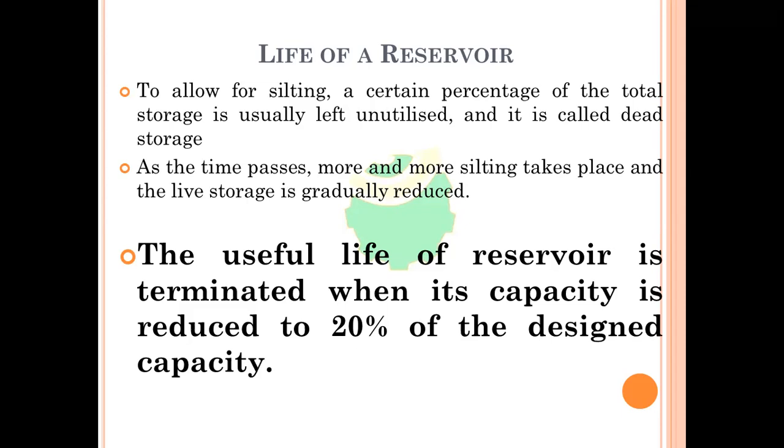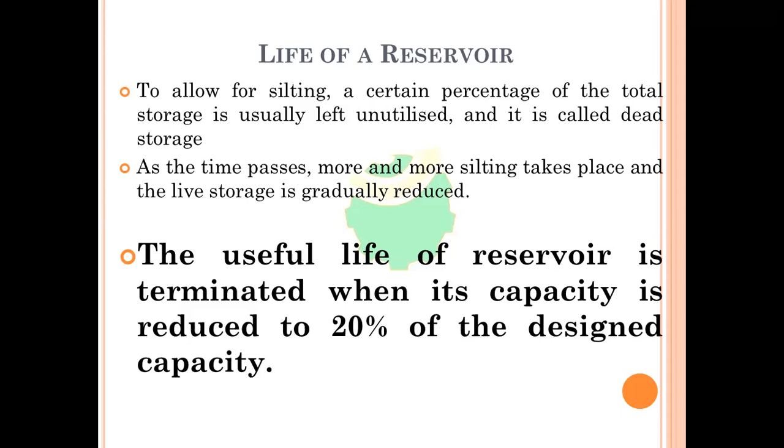In previous lectures, we discussed the zones of storages of a reservoir. In that, we discussed three major storages: dead storage, useful storage, and surcharge storage. Dead storage water is not utilized for any purposes.